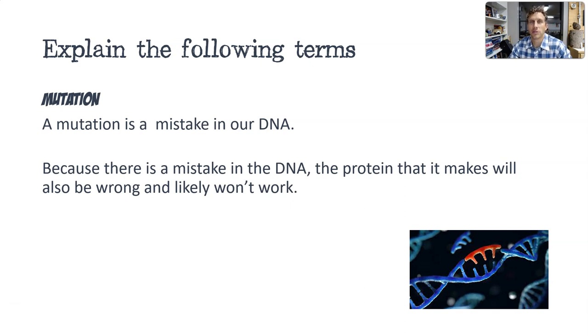Now, certain mutations are more harmful than others. If I get a mutation in my skin cell for the gene for insulin, because all of my cells have the same DNA, that is not a problem. Why? Because that cell is not making insulin. My pancreas makes insulin, but my skin cells don't.